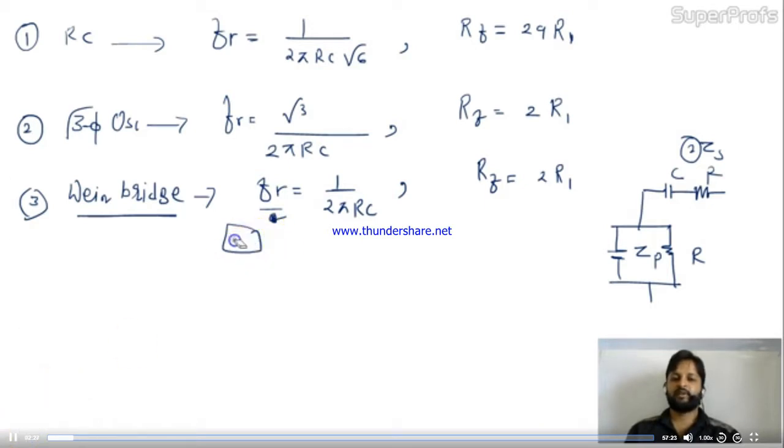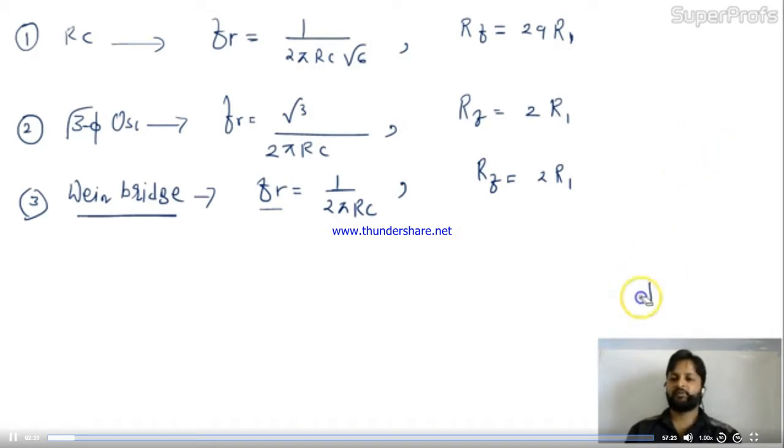Now after this Wien bridge, we have seen two LC oscillators, Colpitts and Hartley. So the fourth one, Hartley. In the Hartley oscillator, the condition was tau output equals tau input.